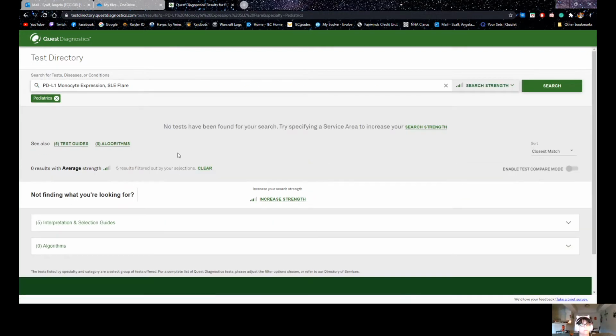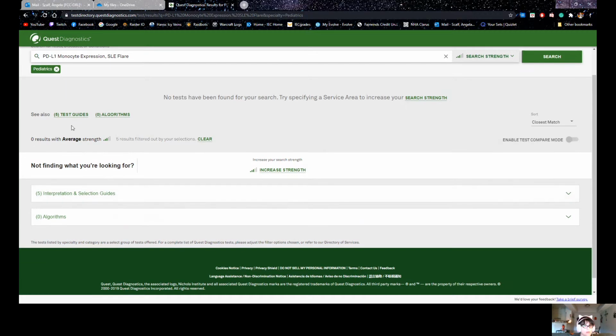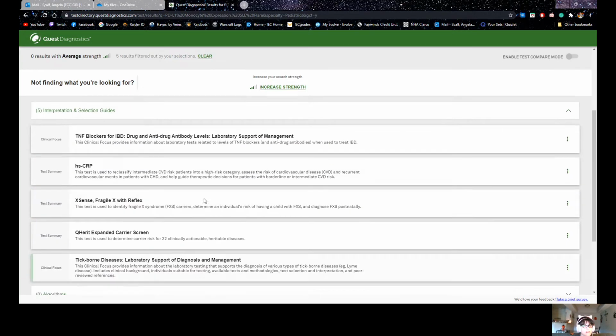Okay, it's a monocyte. What would we be looking for? We're going to be trying to find out if the patient has what? Mononucleosis. So let's see, there's 5 test guides.